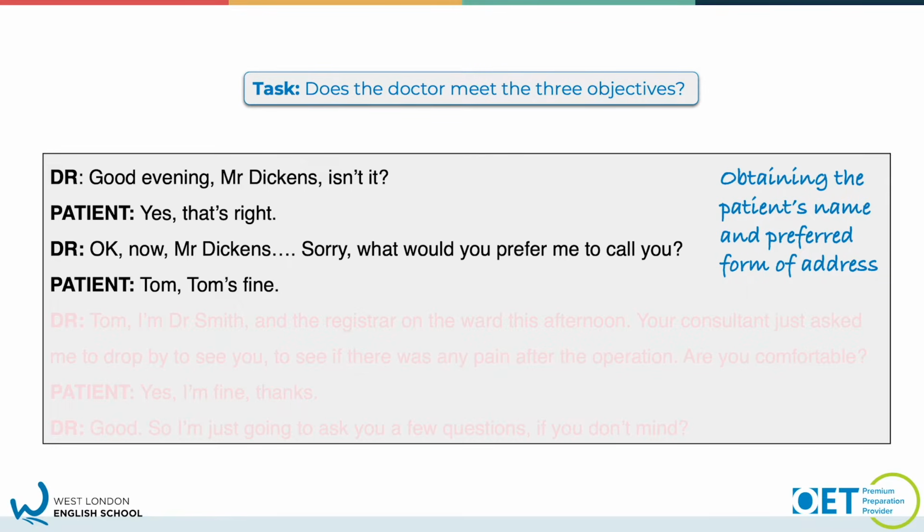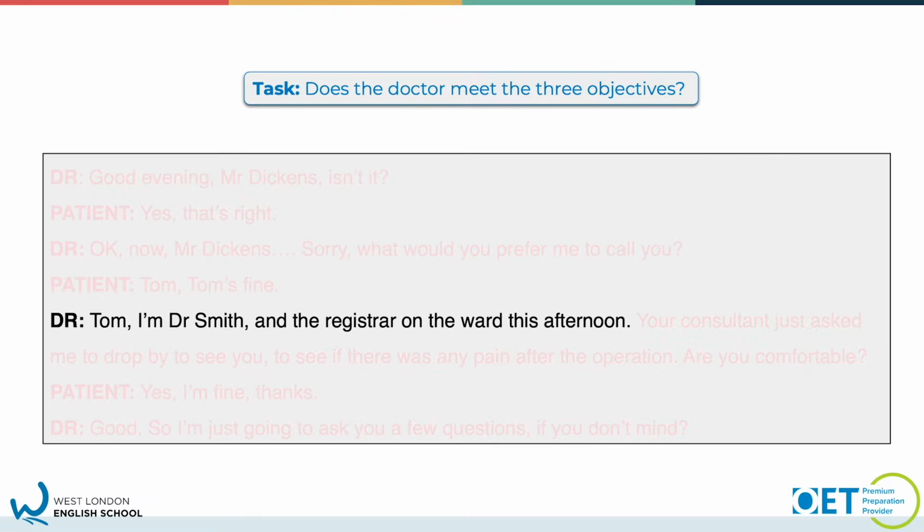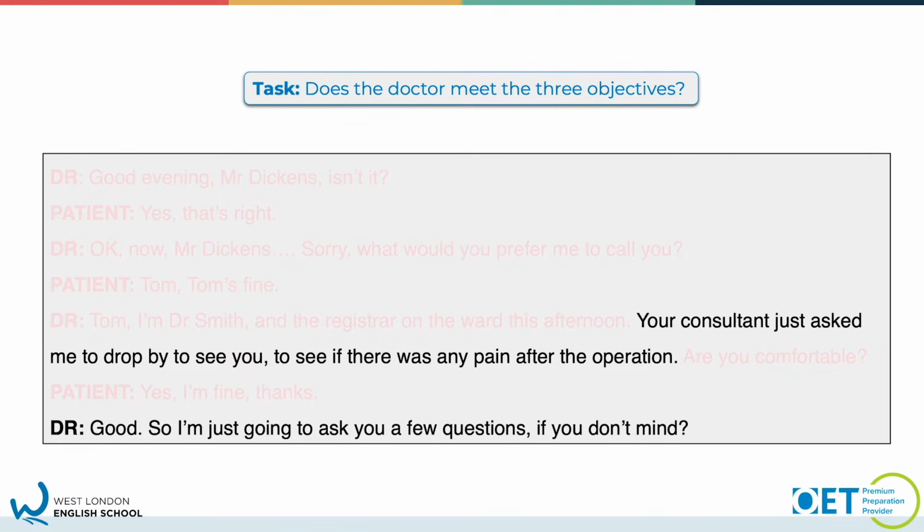And in this instance, you can see the patient was perfectly happy being addressed using their first name. The second stage was giving your name to the patient, basically introducing yourself, and that's exactly what the doctor did. And if you remember, the final stage was setting the agenda or giving the reason for the consultation, and that's exactly what the doctor did.